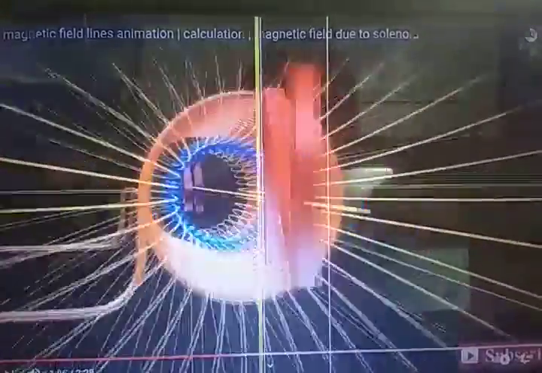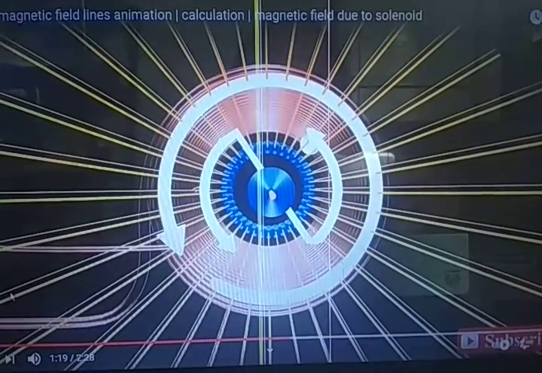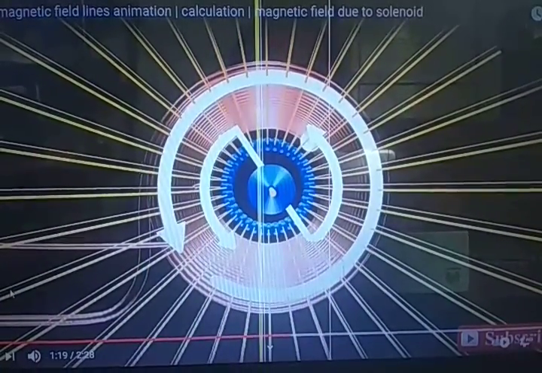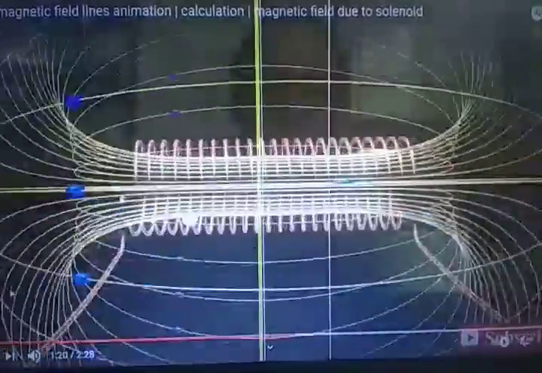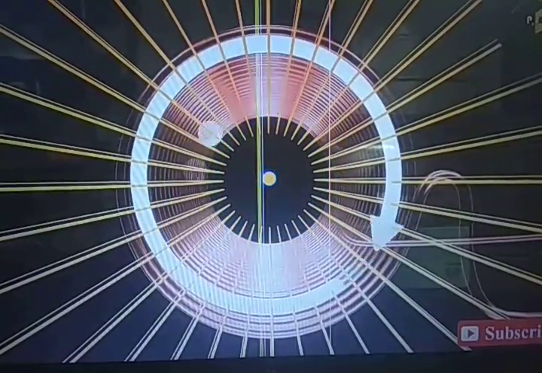How will you know whether it's a north pole or a south pole? If the current is in the anti-clockwise direction, this side is a north pole. On the other hand, if the current is flowing in the clockwise direction, it is a south pole.